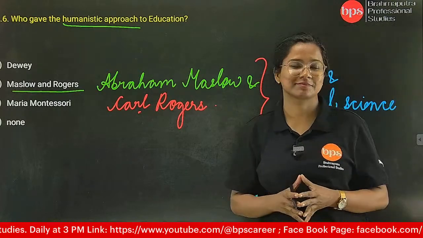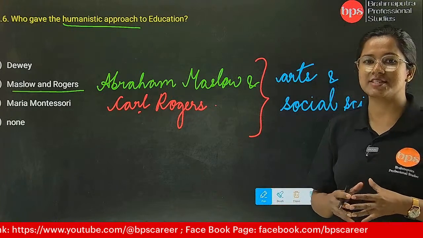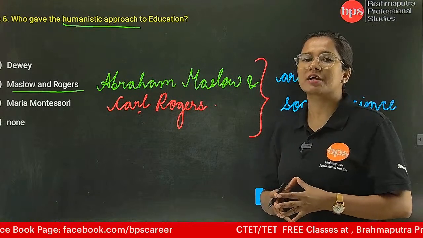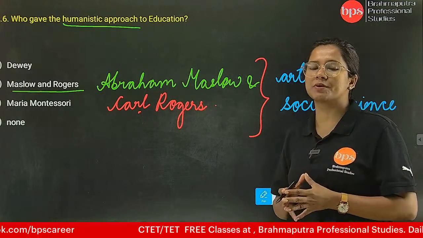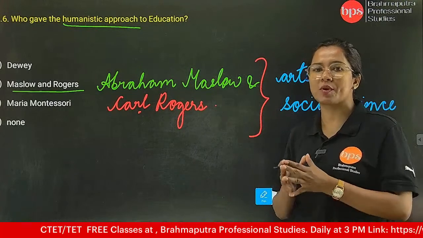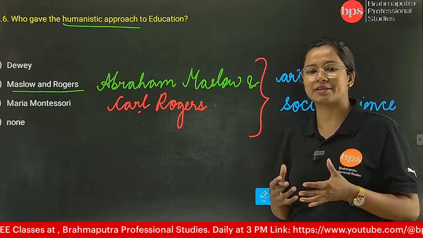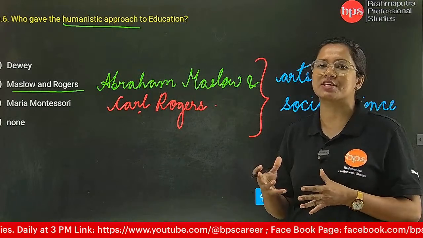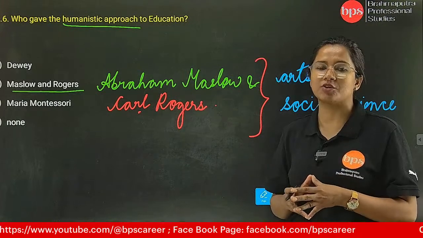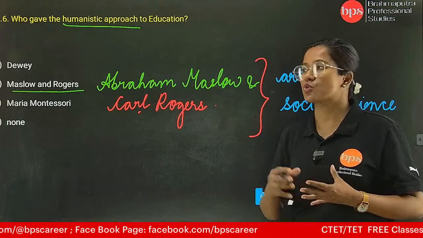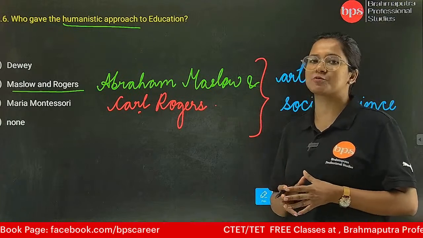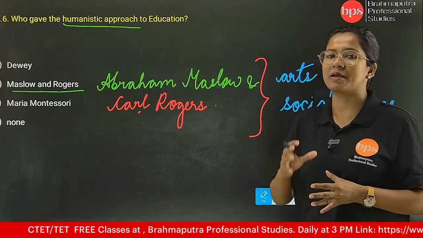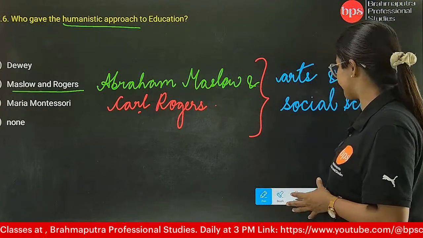So arts and social science were given importance by Abraham Maslow and Carl Rogers, who propounded these concepts where life is nothing else but a gradual process of learning, and whatever you learn is executed in your society or in our environment. So remember, the concept of the humanistic approach of education in relation to psychology is given by Maslow and Rogers.